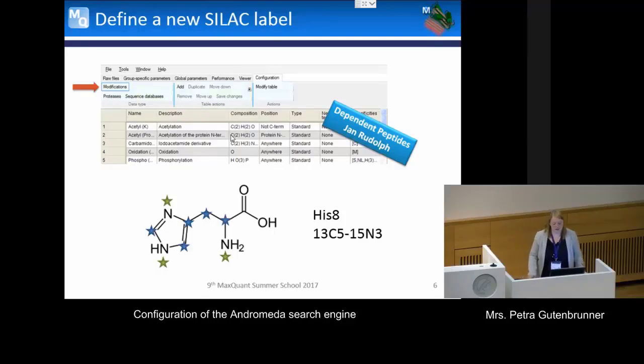But here there is a very nice feature, which is dependent peptide, and it's also more unbiased. It looks for other modifications which can be in your experiment, in your sample, and then it gives you a suggestion, and then you can look. But this is explained in more detail by Jan in the lecture tomorrow.